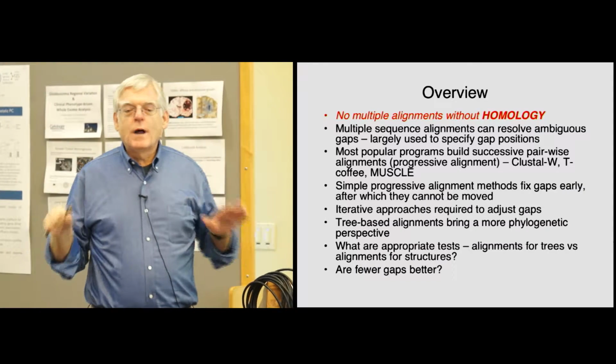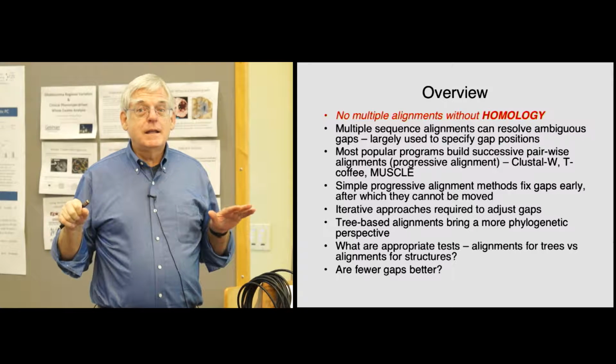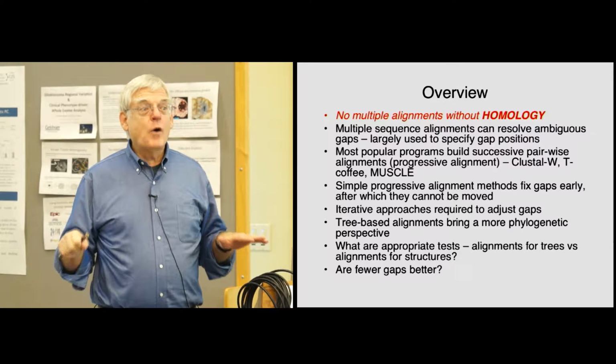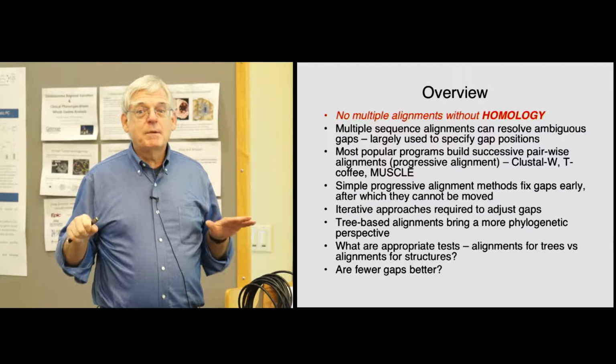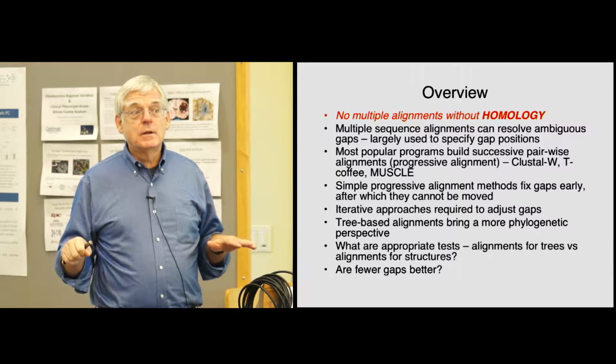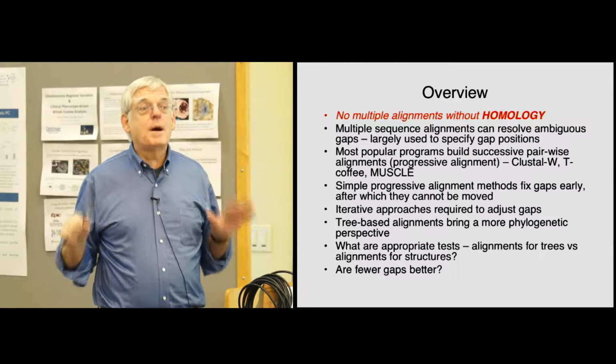The number one thing that you need to know about multiple sequence alignment is that if you're going to do multiple sequence alignment, you already have to know that the sequences are homologous. Multiple sequence alignment methods cannot be used to demonstrate or provide evidence for homology.